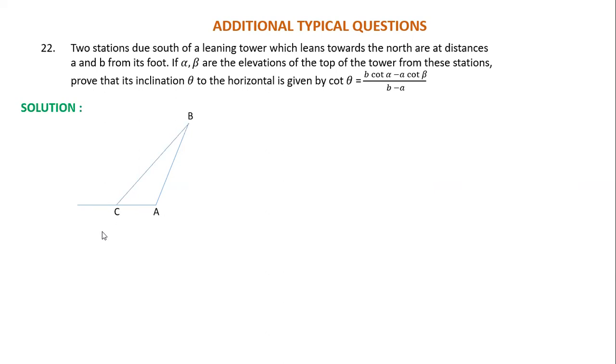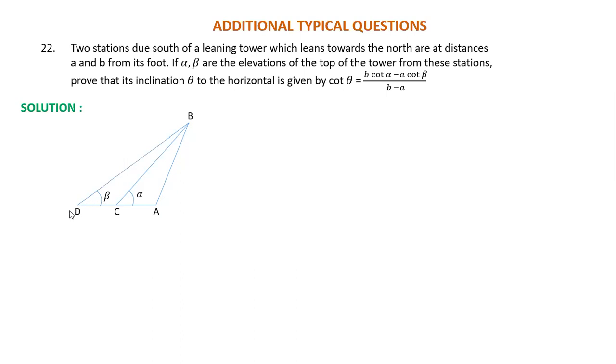From here, if you look, the angle is alpha. From another point, D, look at the top, the angle is beta. Okay, this is the leaning tower. C and D are the two stations. From C, if you look at the top of the tower, the angle is alpha.